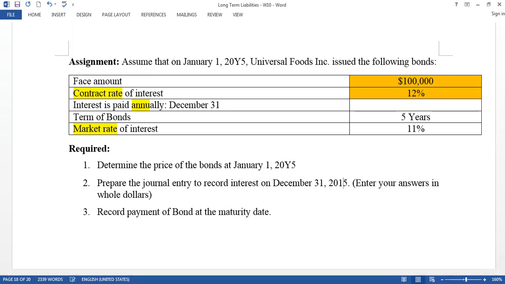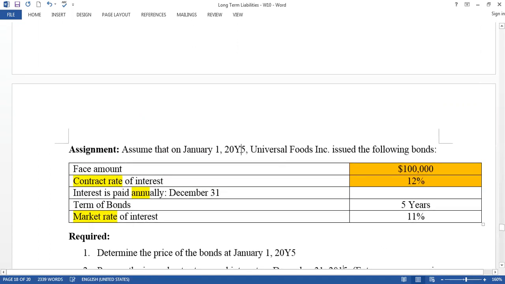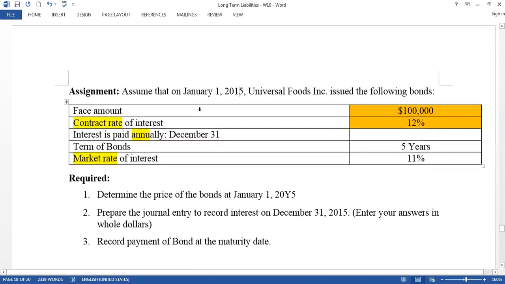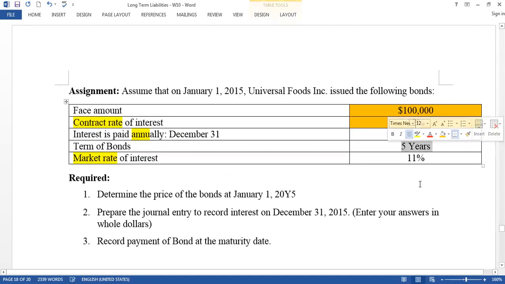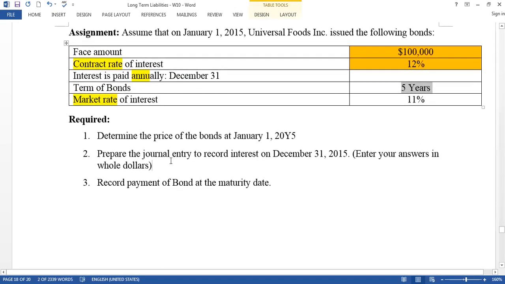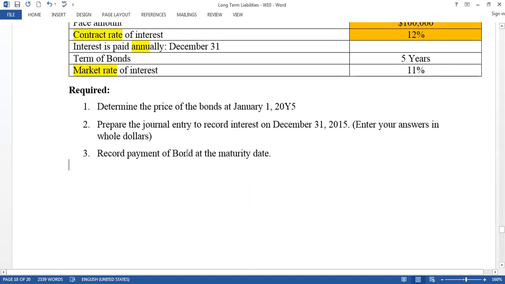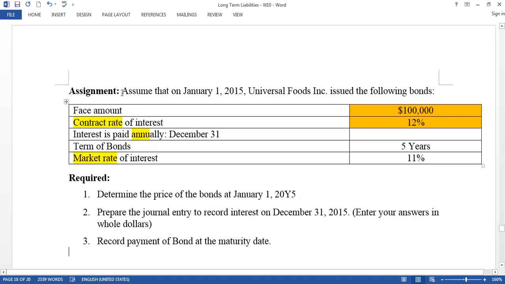So although it is a 5 years bond, I ask you to record the journal entry for interest expense for December 31st, year 1, right? And I can ask you to record the payment of the bond at maturity date. This may be one question.